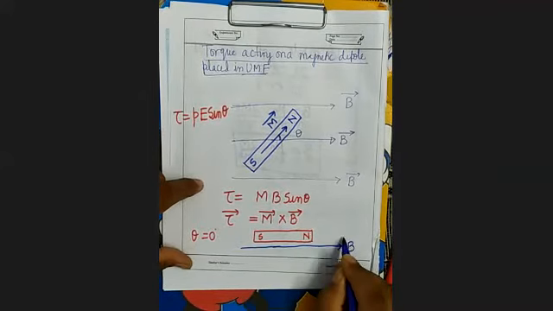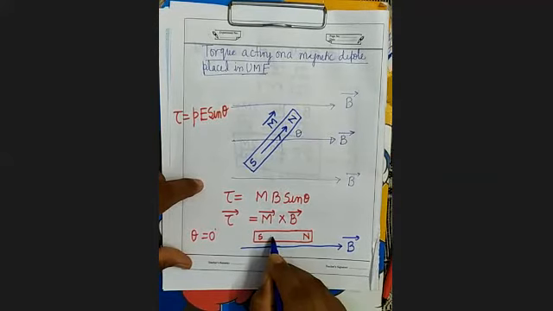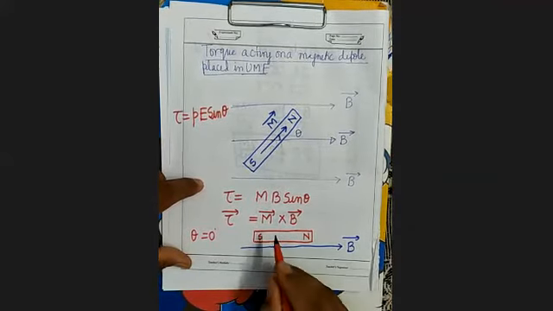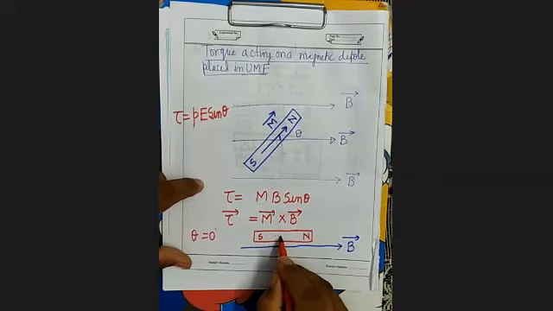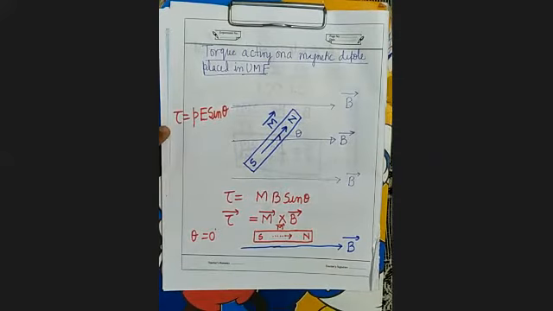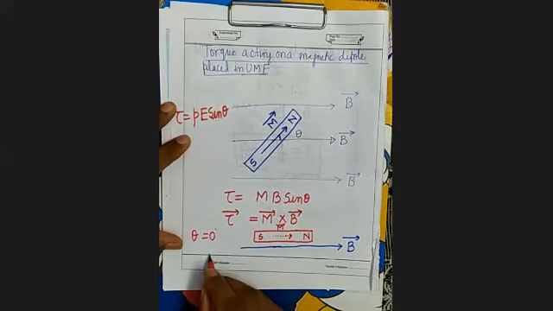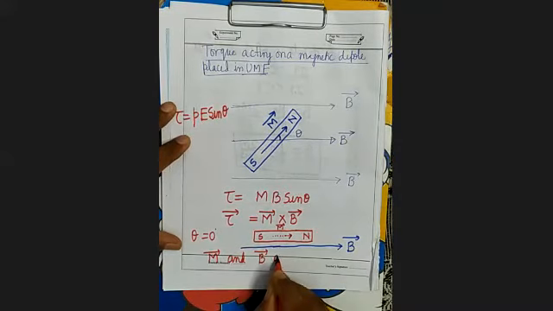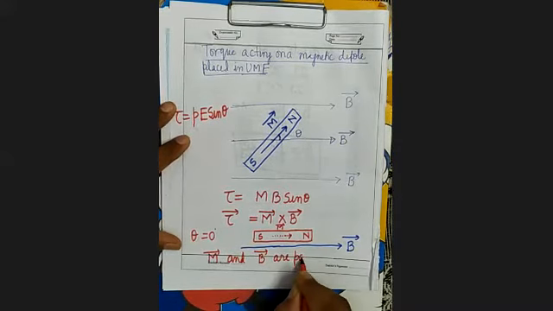This is vector B, and here this is vector M. This is the direction of vector M. It is placed parallel to the magnetic field. Means we can say vector M and vector B are parallel.